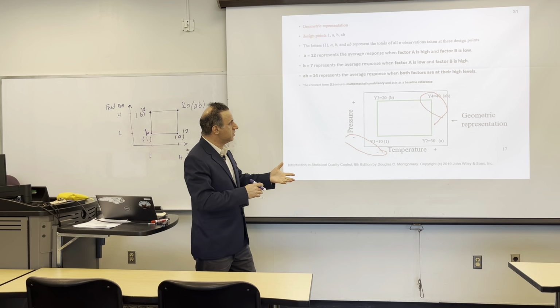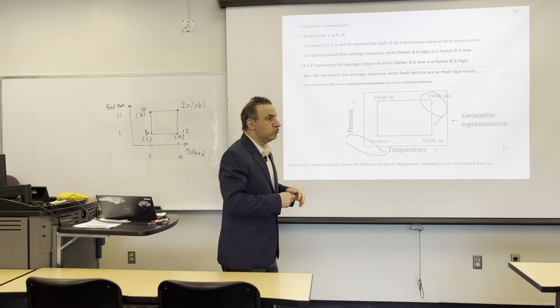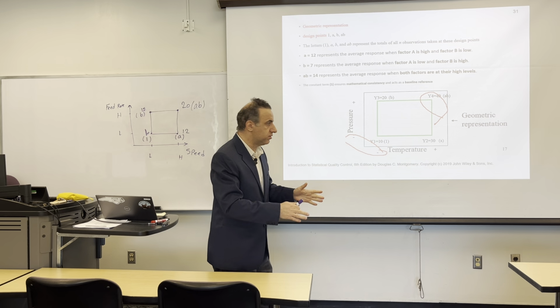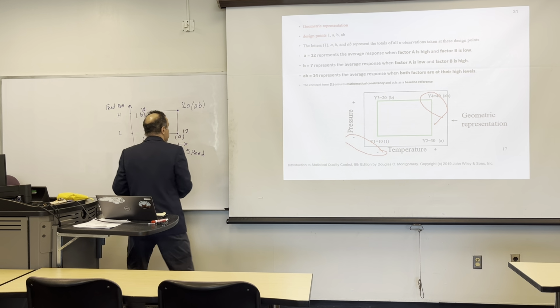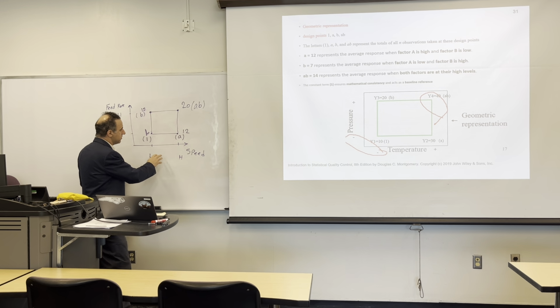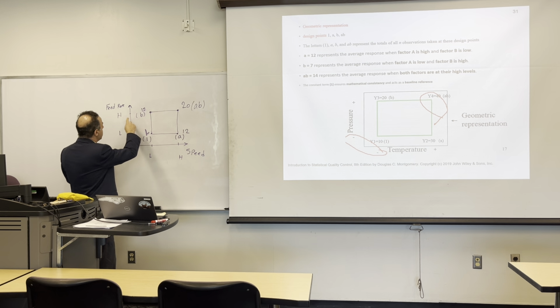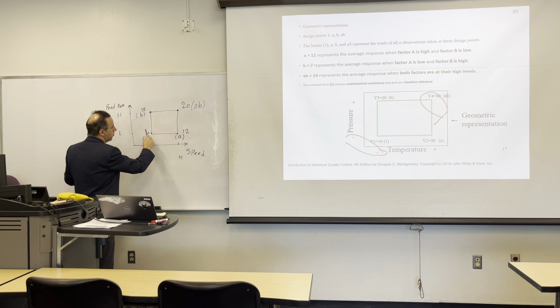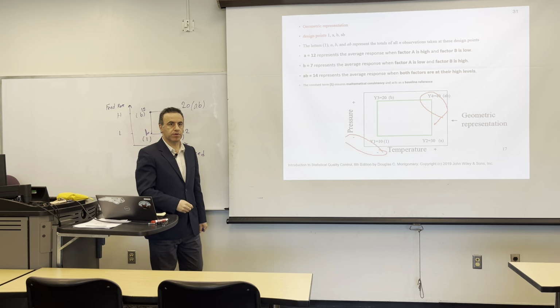So if in the problem I say draw the geometric representation of this experiment, you have to see the responses and draw a schematic like this one. One axis for speed, low and high, and one axis for the feed rate, low and high, and these are going to be the design points. Draw these 4 points.